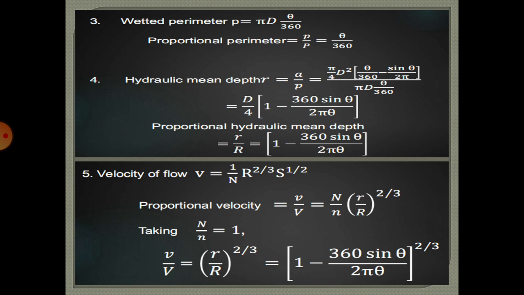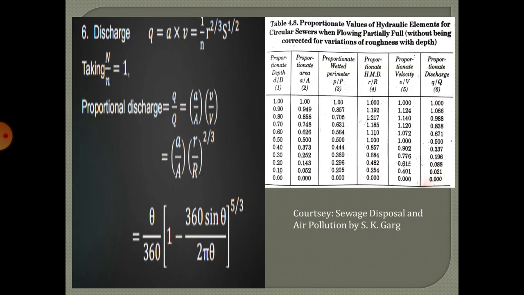Resulting velocity, at last the velocity of flow by Manning's formula is written, and when all the above formulas are put in Manning's formula, we get the discharge equal to theta divided by 360 in bracket 1 minus 360 sin theta divided by 2 pi theta bracket complete raised to 5 by 3.